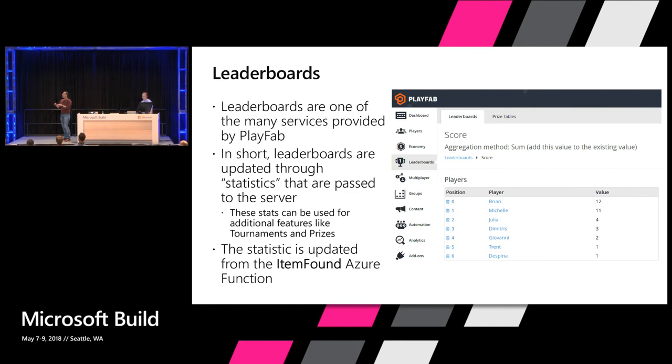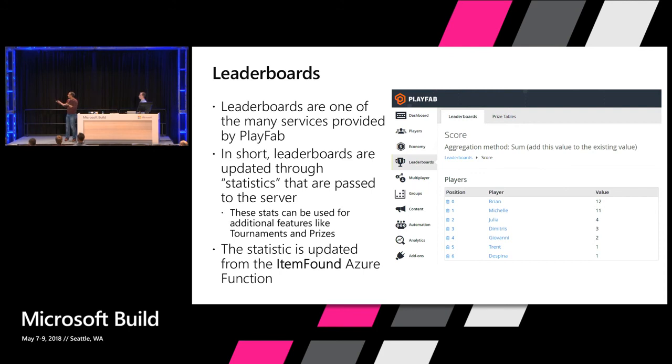The leaderboards can only be updated by the server code, right? So the leaderboards are only updated from our functions, because you don't, of course, want your players to cheat. This is a really good thing that PlayFab does, because it encourages your API to be an authoritative game server, right? Which, as you may know, is a good thing.